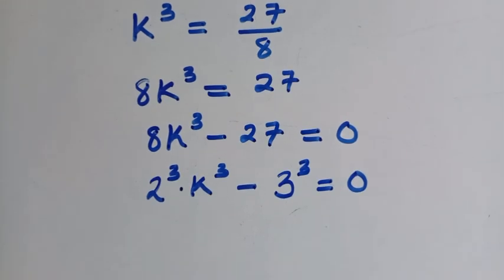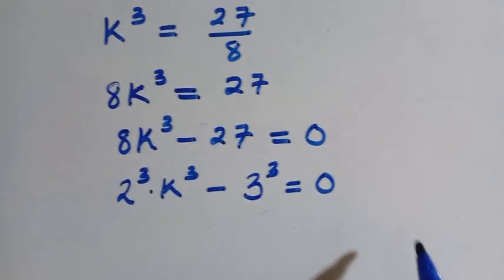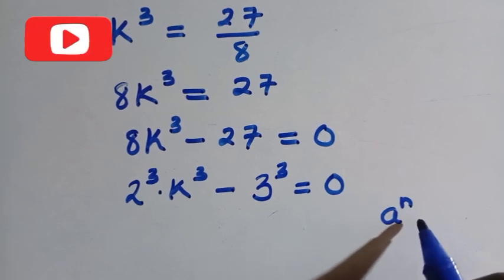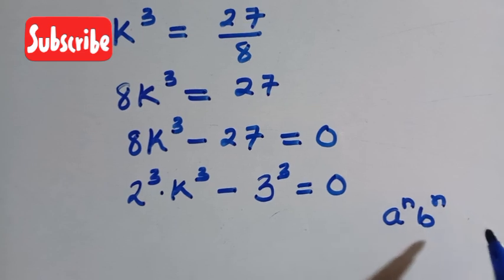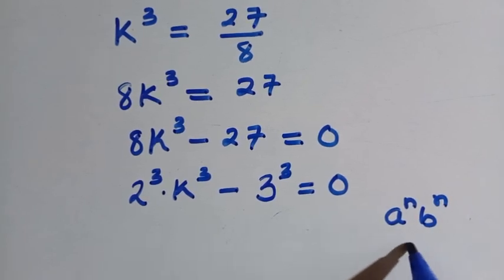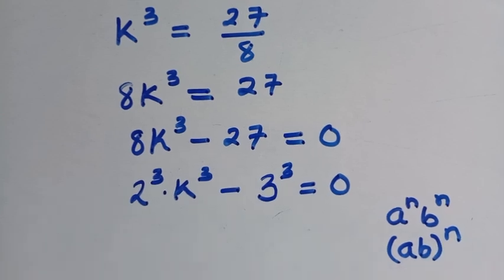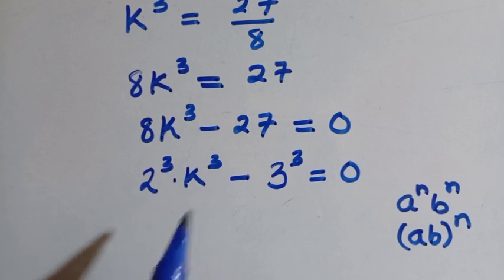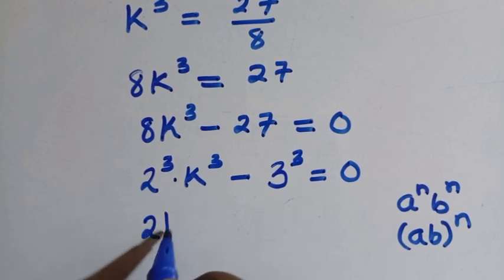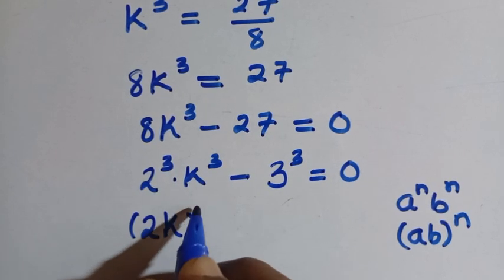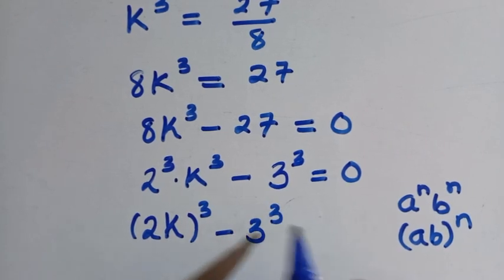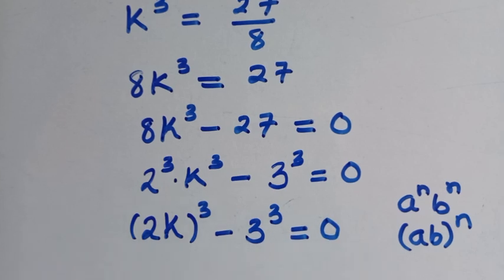Let's consider this rule: a raised to power n multiplied by b raised to power n is the same thing as ab to the power of n. When we apply it to 2 to the power 3 multiplied by k to the power 3, we have (2k) to the power of 3 minus 3 to the power of 3 equals 0.